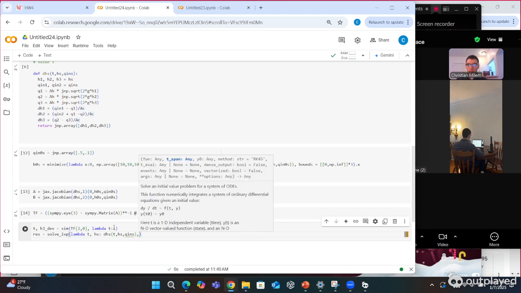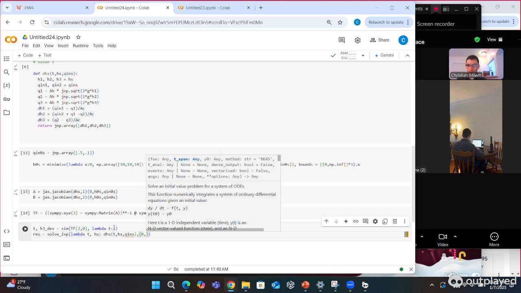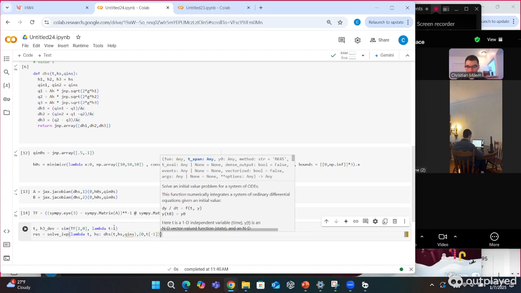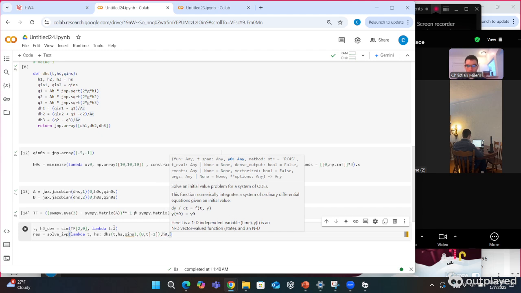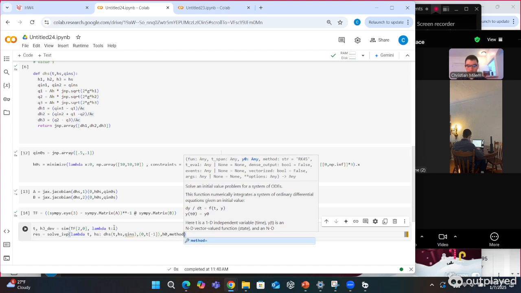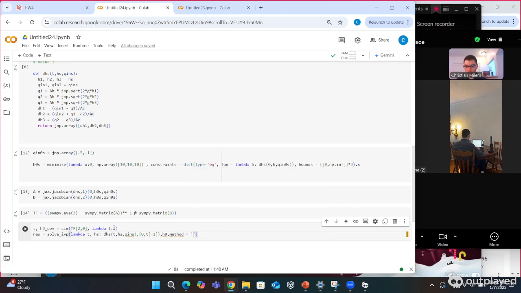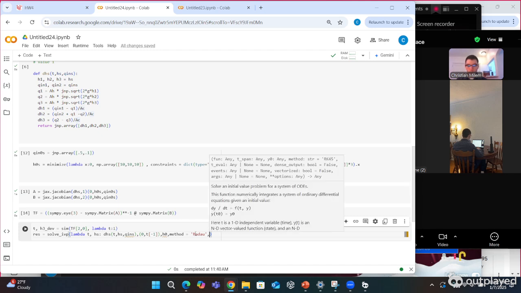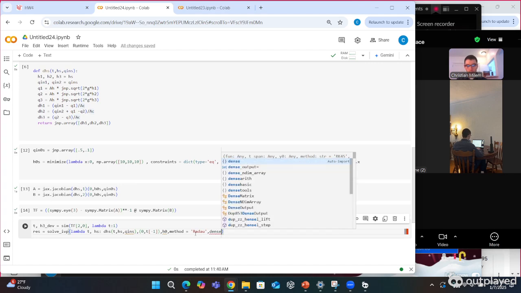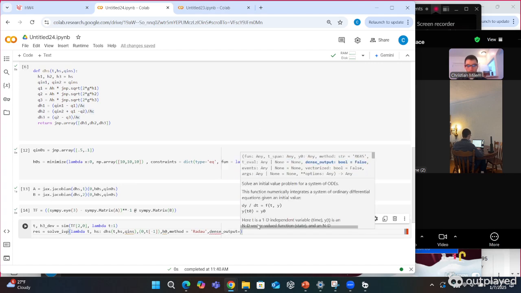So now we need our t-span. That's going to be 0 up until our last value of t. And we need our h naught. Method is going to be RadauDo, not DadoDo. And then dense output is true.